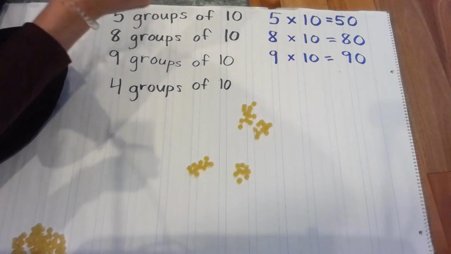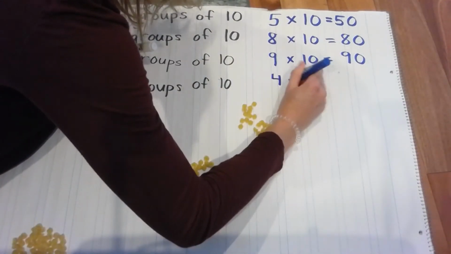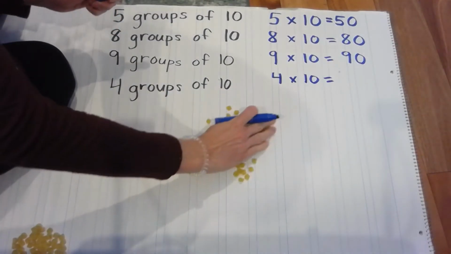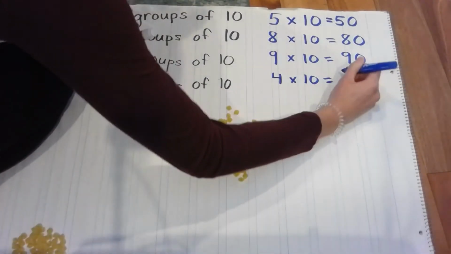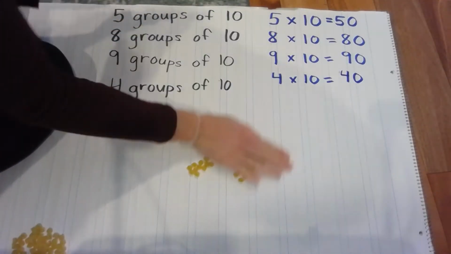And what is 4 groups of 10? Another way to write that is 4 times 10 equals 10, 20, 30, 40. 40. So, I'm all sorts of upside down.